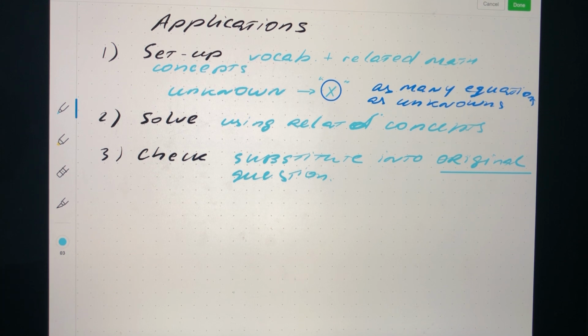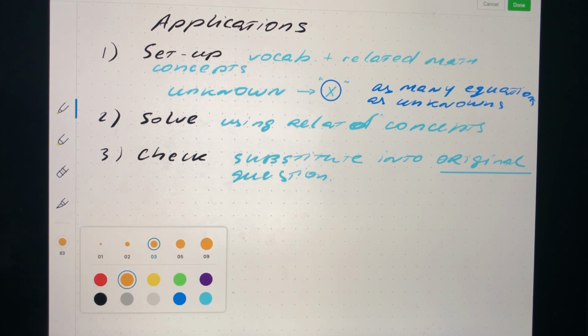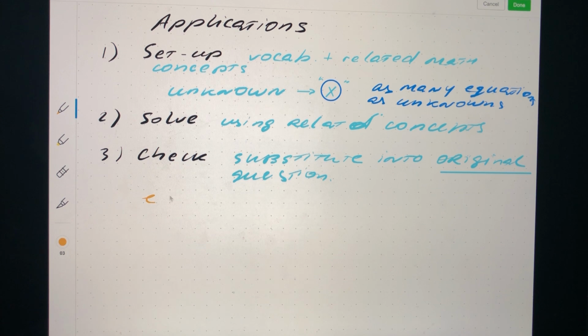The other reason to check is sometimes, even if we do everything perfectly right, such as squaring both sides, that's a legitimate procedure, we might pick up solutions that don't work. And those solutions are called extraneous solutions. Extraneous solutions mean exactly that. It's a solution that doesn't work.